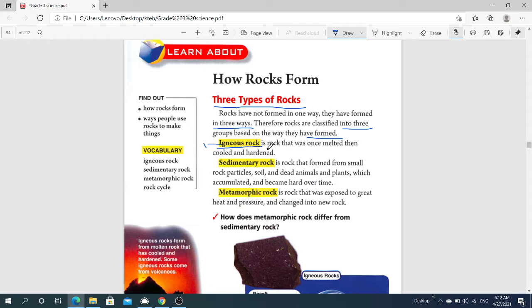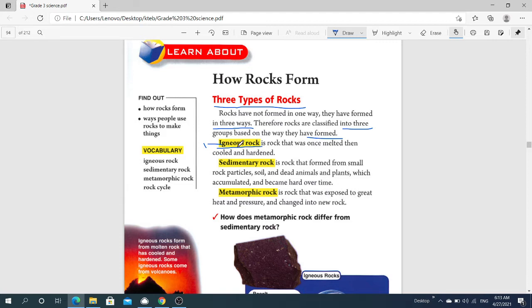First, how they are formed: melted, which means like a liquid, and then cooled, the temperature of this rock decreases, and then it hardens and forms a rock, very hard.